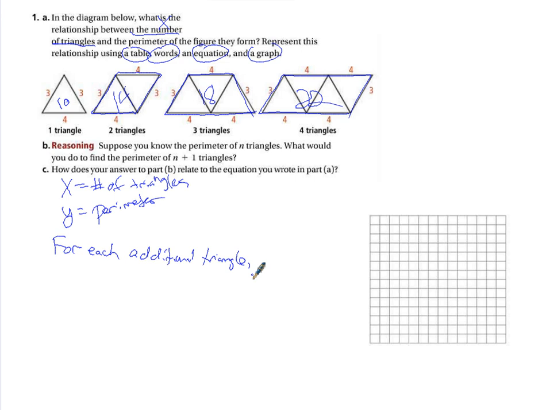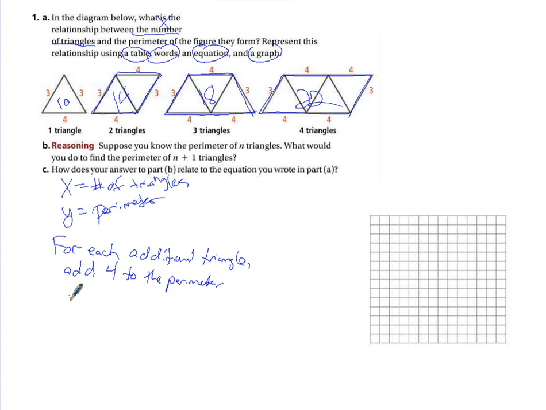Add 4 to the perimeter. Look, 10, 14, 18, 22. We're adding 4 each time. So add 4 to the perimeter. We happen to start with a perimeter of how much? 10, okay? So now from the words, I can write my equation fairly easily.